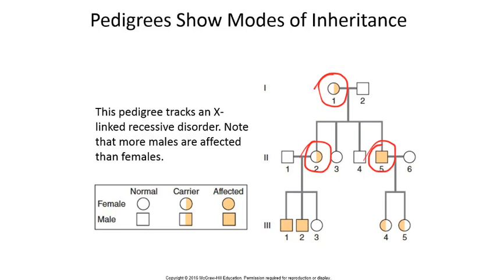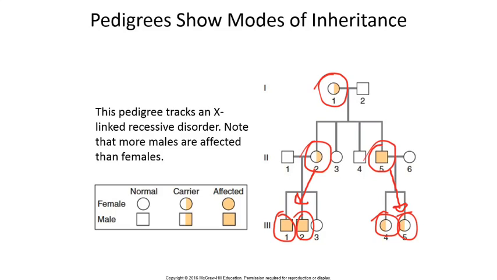The son, however, only needed one copy in order to be affected. And this son gave that defective gene to his daughter, so they are carriers. This daughter gave the affected gene to her son, so they are affected.